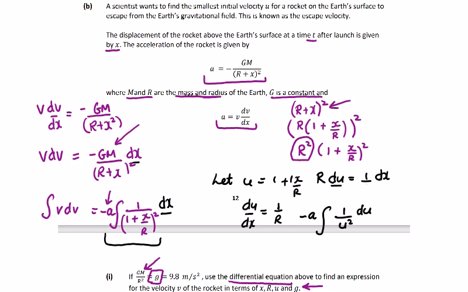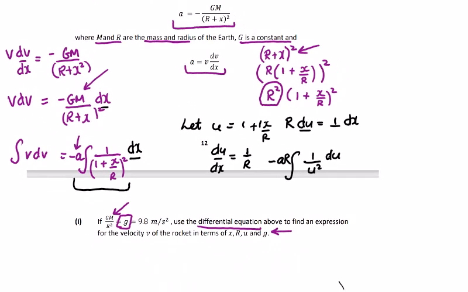So I'm missing an r in here, and actually what I'll do is I'll factor it out and put it here. So I have minus g r squared, the integral of 1 over u squared, and u squared is u to the power of minus 2. If we integrate u to the power of minus 2, we'll get u to the power of minus 1 over minus 1, which is minus 1 over u.